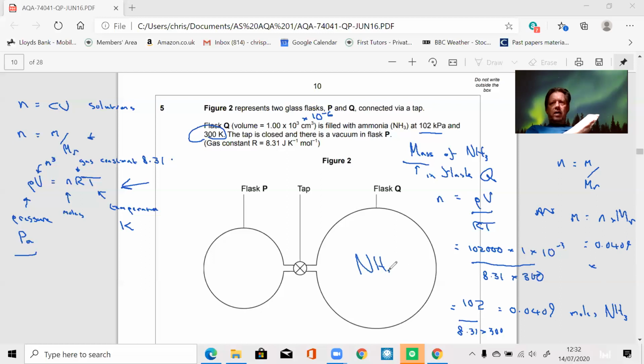NH3, 14 plus 3 equals 17. So we want 0.0409 times 17. Let's see what that gives us, and that should give us the mass in flask Q. So 0.0409 times 17. It says here 0.6953.